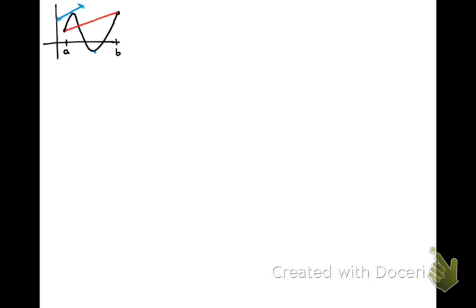And perhaps at this point here, those lines would be parallel and have the same slope. The mean value theorem guarantees that there's at least one point where that must occur. And there could be more than one, but we know it must happen at least one point. We'll look at a few more examples of this in the next part.